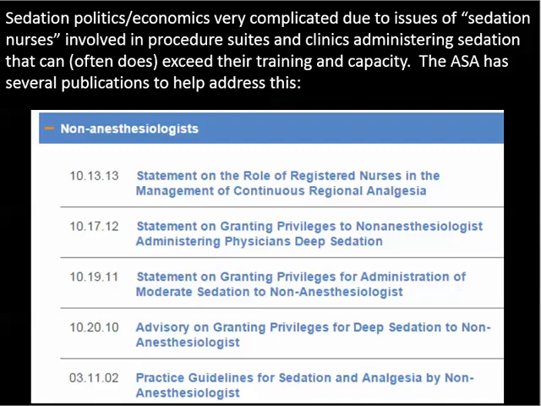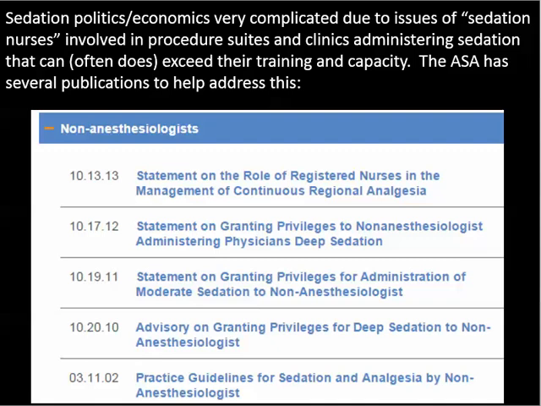So the issue frequently is that the so-called sedation nurses are not trained to manage airways. They're not trained to recognize hypoventilation, and above all, they're not trained to use propofol, but nonetheless they try to do all that.